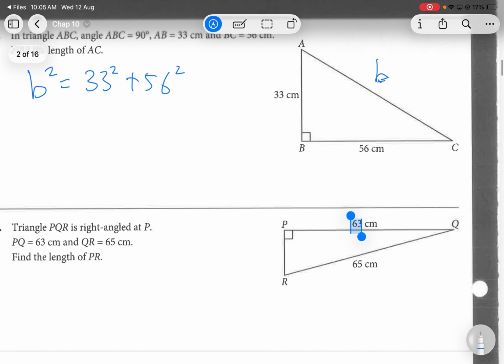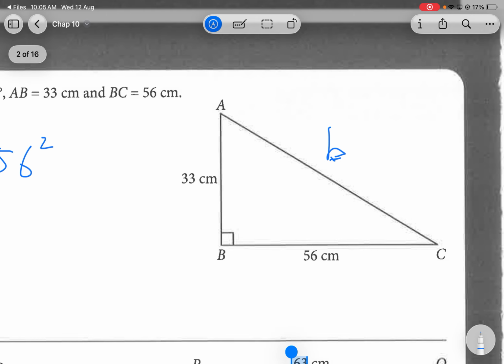More importantly, why did I call this B? Because I don't want to write so long. One more reason. Why not A? Why not C? Why not X? Why not Y? This is a convention. The side opposite that corner, I use the small letter to call the side.